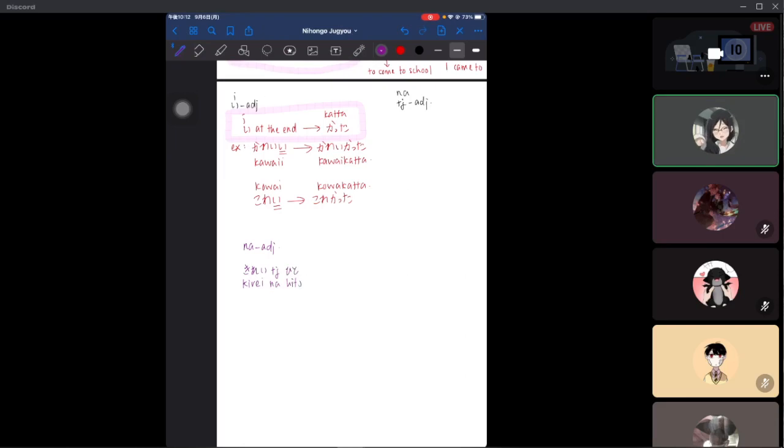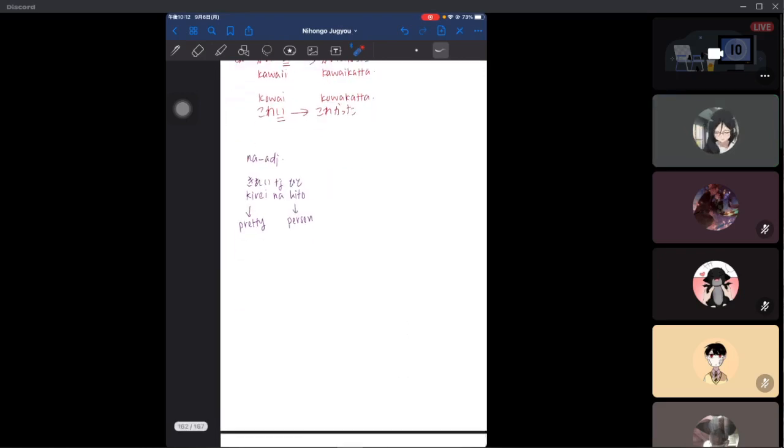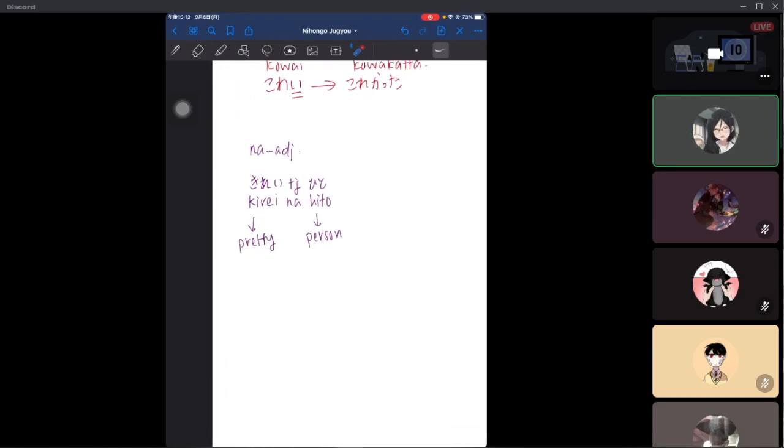You have to add the na before the noun here. Hito means person and kirei means pretty. That's why it's called a na adjective. So, kirei na hito.